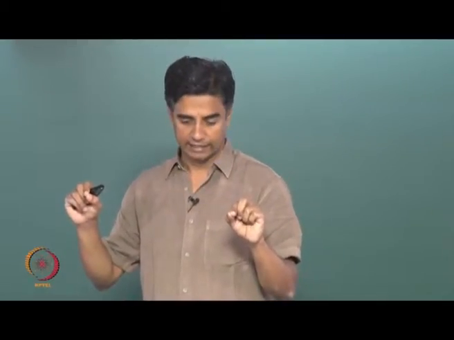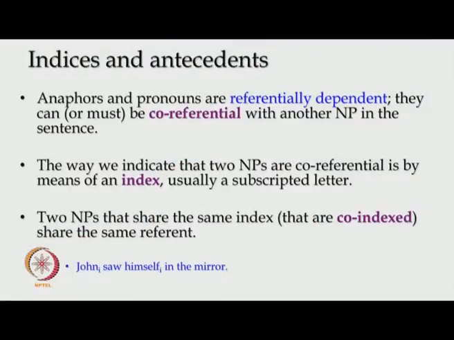We put the same index for the two noun phrases, and then we say they are co-referential and co-indexed both. When we say John saw himself in the mirror, himself and John have the same index. Do you see that? With the subscript i, we are indicating co-referentiality. This is all that we mean when we say co-indexed to describe co-referentiality. Simple, right?